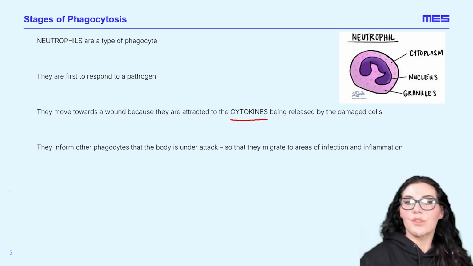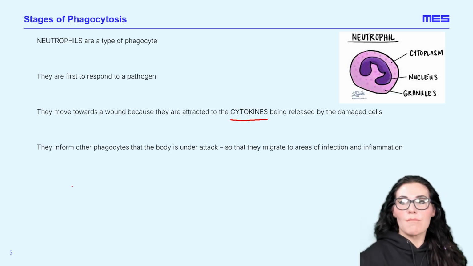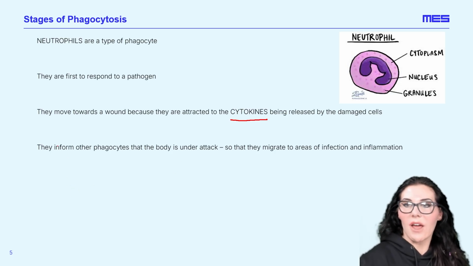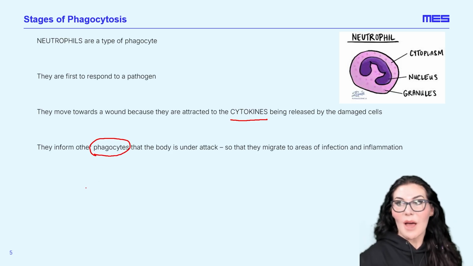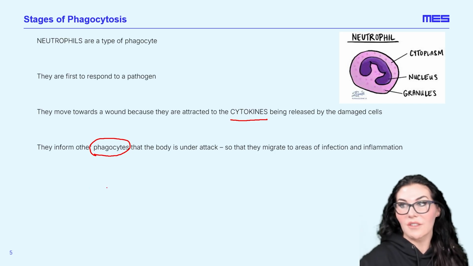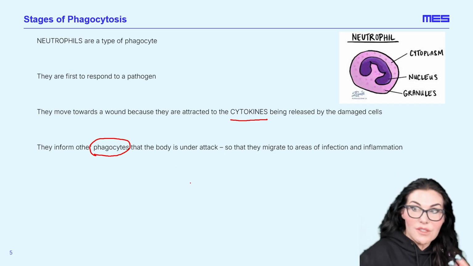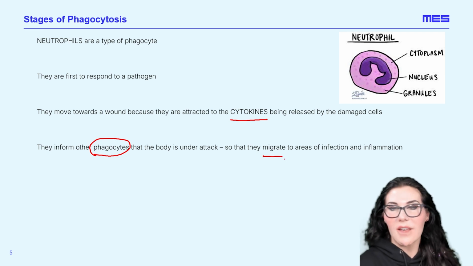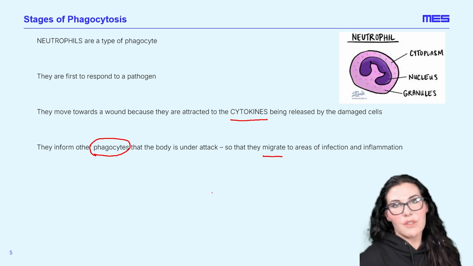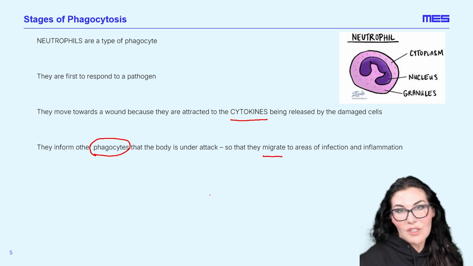And they also encourage more phagocytes to come to that area. The phagocytes will now know that the body is under attack because of these cytokine chemicals coming from the damaged cells. Lots of phagocytes will start to migrate, move to those areas of infection and areas of inflammation.